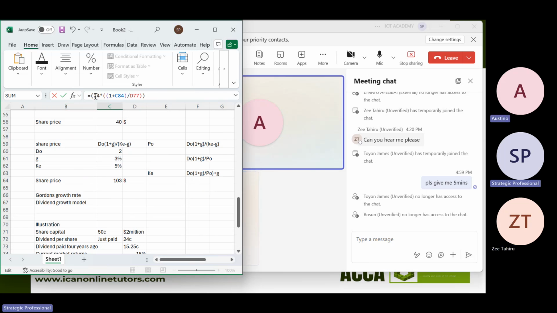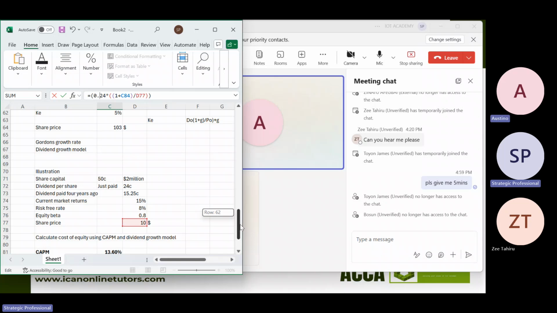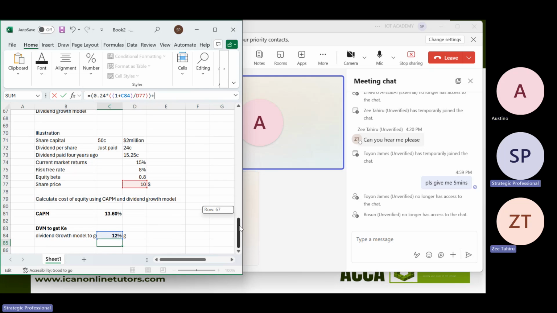It's supposed to be 0.24 actually, because it's cents. Apologies. So 0.24, yes, you're right. And 1 plus G divided by the share price, plus G. So our G is 12% now.